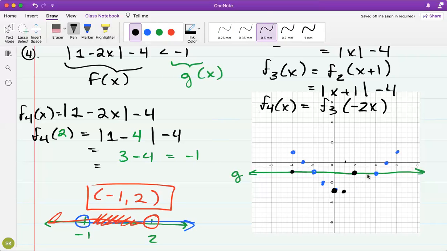And then we could plug in some more points if we want to. So if you plug in 3, you're going to get 1 minus 6, which is 5 minus 4, which is 1. So you're going to get a point right here.